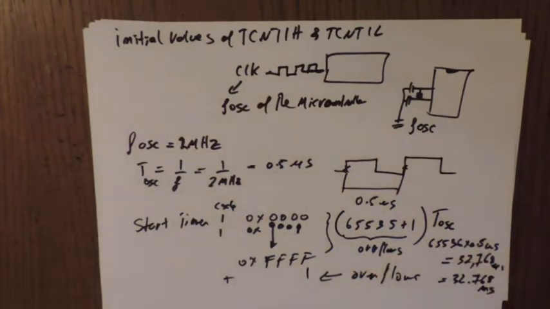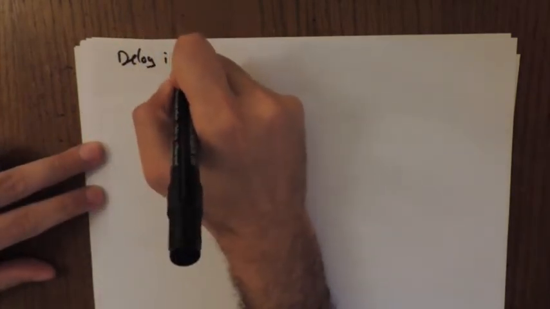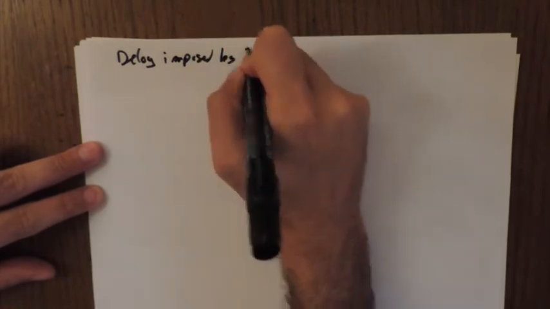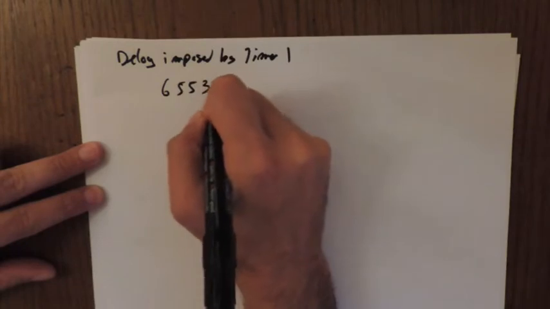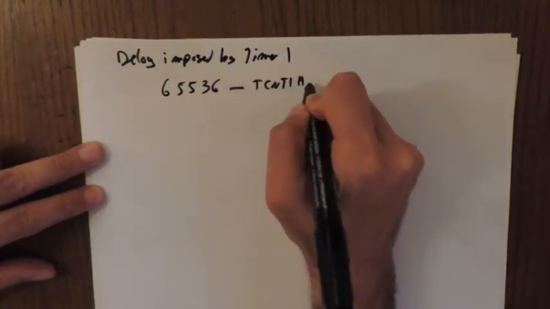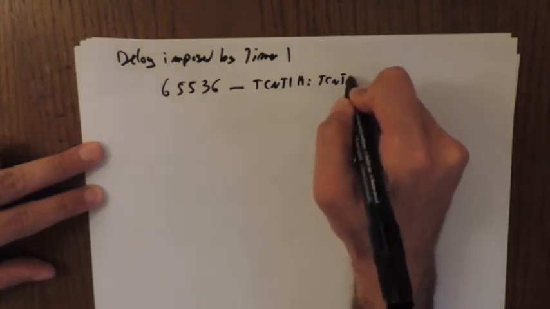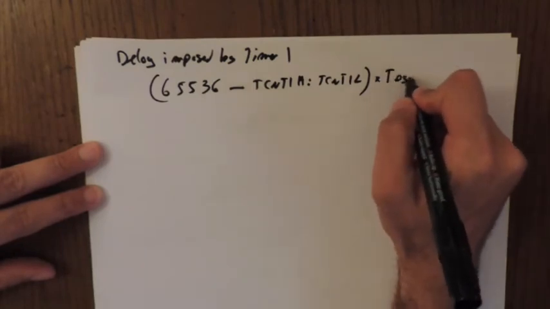So the maximum value that I can time inside timer 1 by initializing it to 0x0000 is 32.768 milliseconds. If I want to write a formula for this, the delay imposed by timer 1 is equal to 65536 minus timer counter 1 high and timer counter 1 low, times T oscillator.